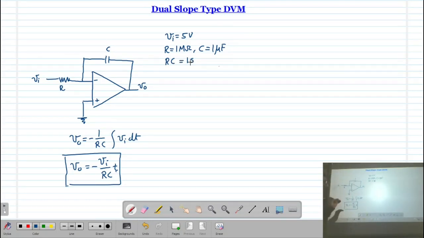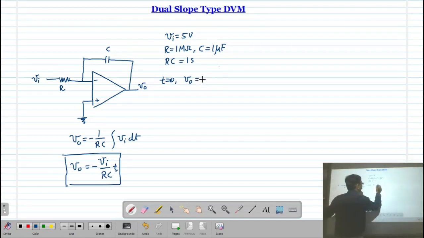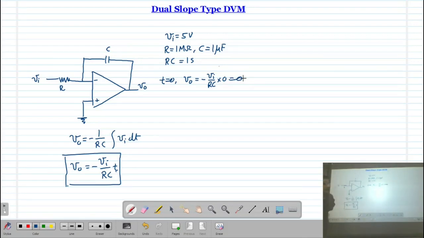Correct? And if we calculate the output voltage for different times, let us say at t equal to 0, what is my output voltage? The output voltage will be minus Vi by RC into t, but t is 0, so the output voltage is going to be 0.